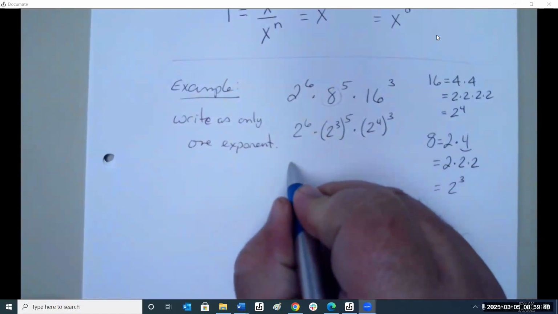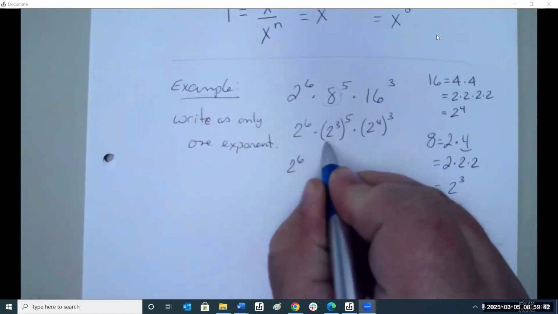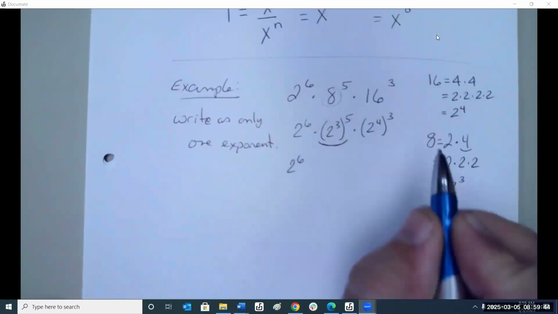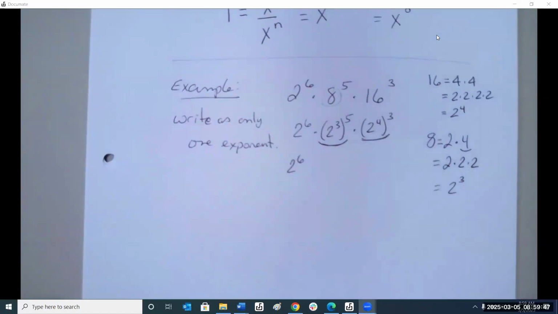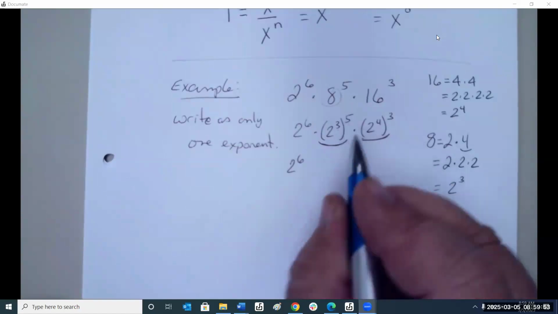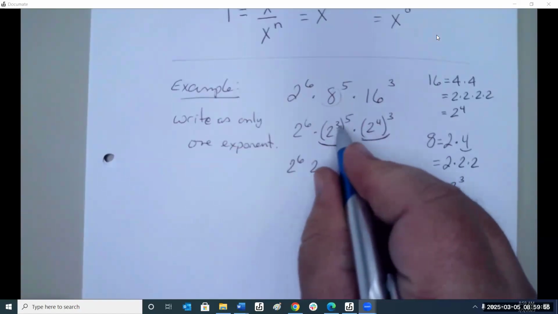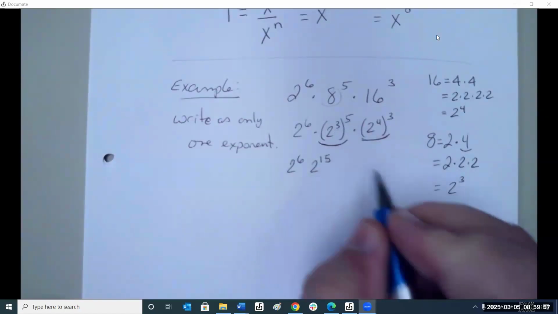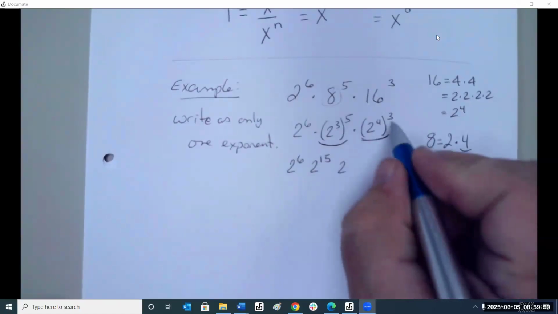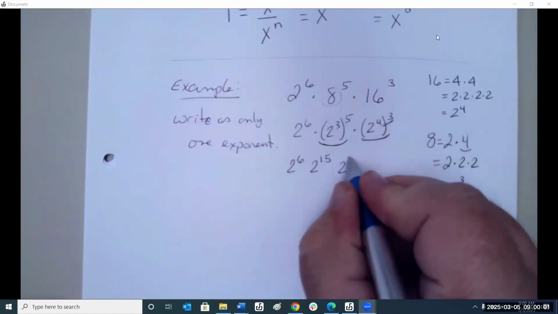The next thing I do, what can I do with this parenthesis? And then this one. Since it's power to a power, you multiply. 3 times 5 is 15. 4 times 3 is 12.